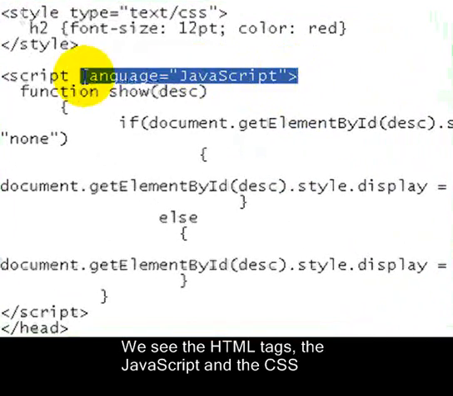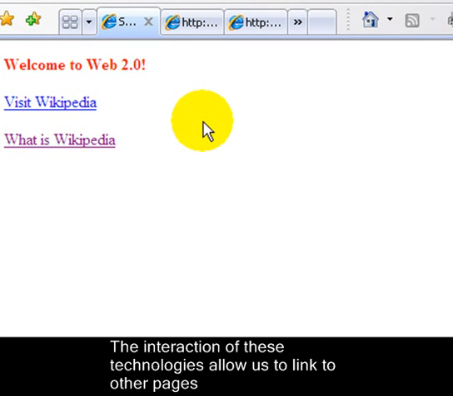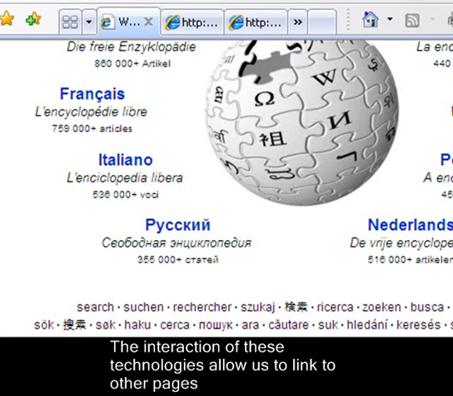Here is more JavaScript code. And here are my style sheets. The interaction of these three technologies allows us to click a link and go to another page. Notice the URL has changed.